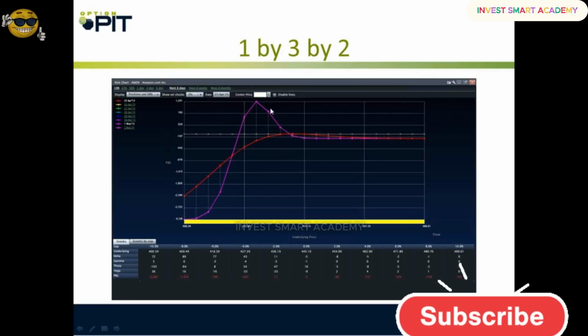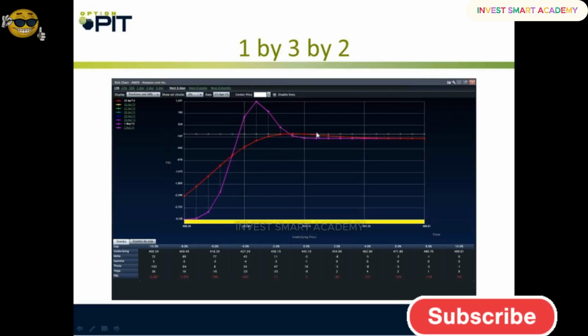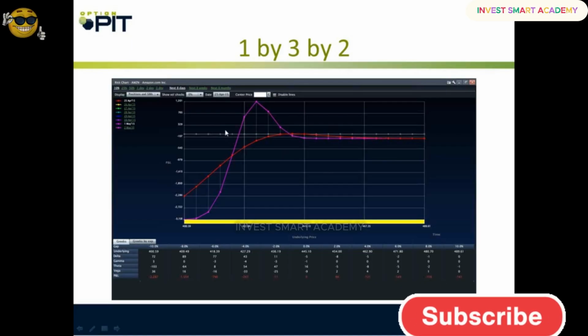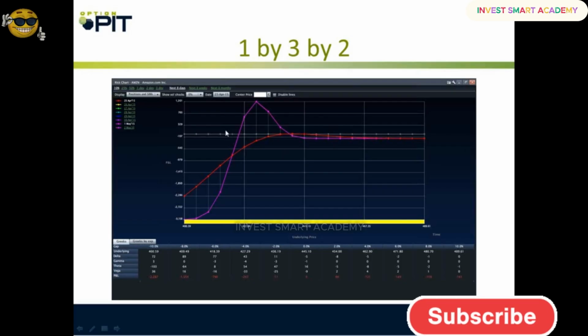So if you've got a directional opinion in an index, especially bullish, if I think the S&P 500 is going up, and volatility is somewhat high in the week, a 1x3x2 can be an awesome spread. Things like non-farm payrolls, these can be great.